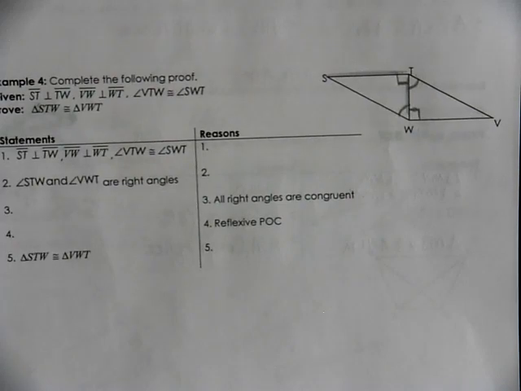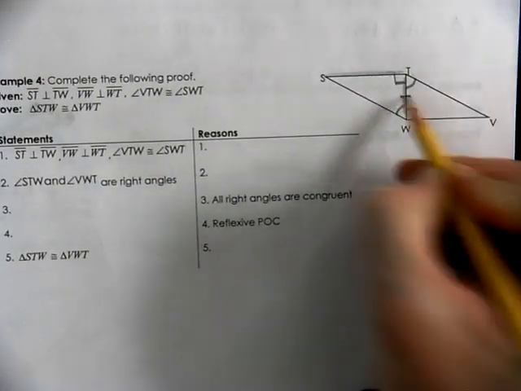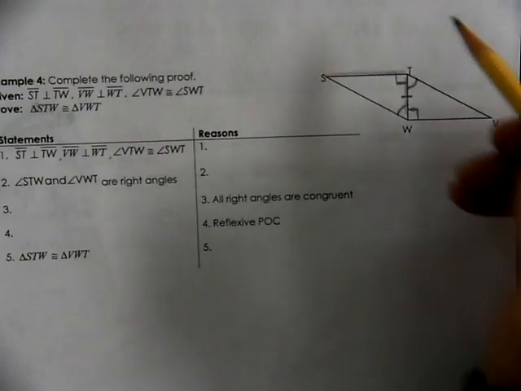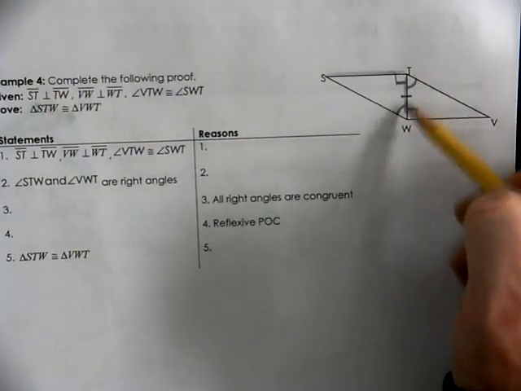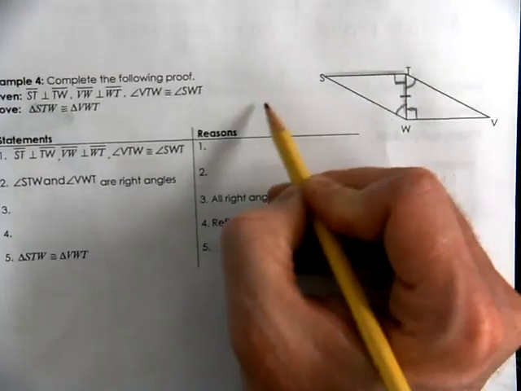What's the third bit of information we know for sure? We should all be able to do this by now. The reflexive side. That's the side both triangles are sharing. So that segment is going to be congruent. So angle, side, angle.